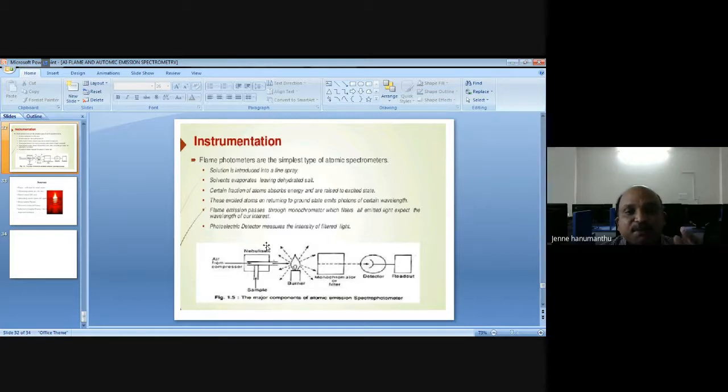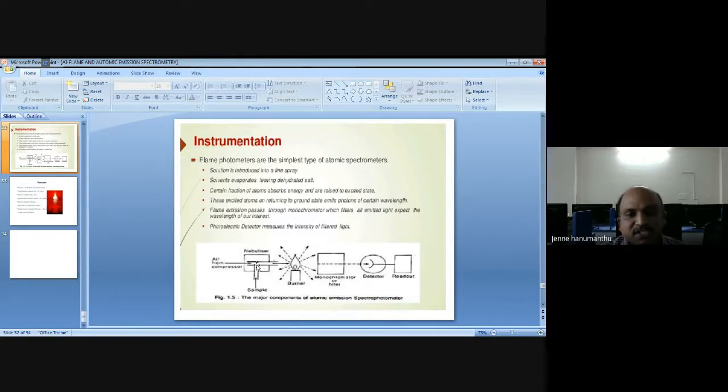That is done with the help of the nebulizer. The nebulizer converts the sample into spray form. That is the meaning of nebulizer.